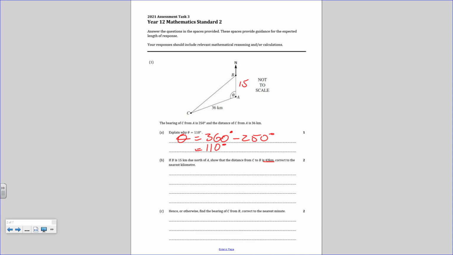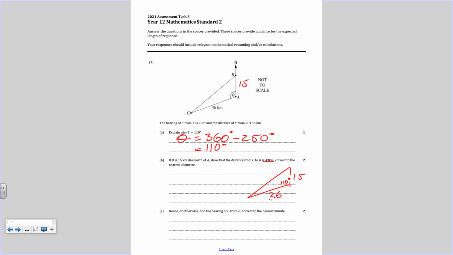So what we have here is a non-right angle triangle. If it helps, just draw the diagram again. We know that's 15, and we now know that's 110 degrees. Even if you couldn't do part A, you can still do part B because it said show.